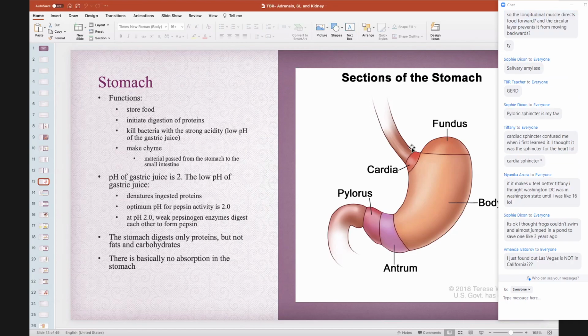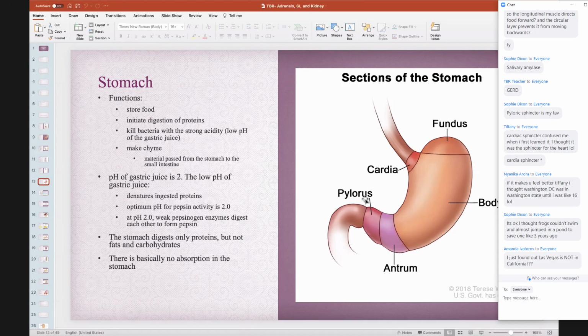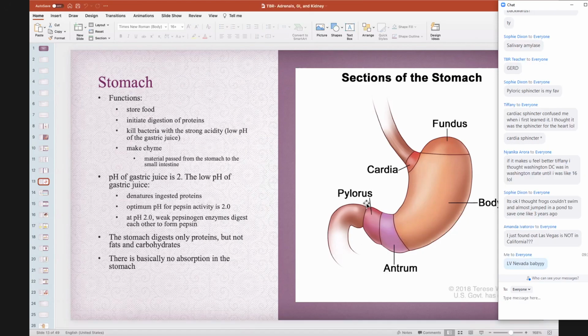You don't need to know what an antrum is. This is here for your anatomical purposes. And the very end is the pylorus. The pyloric sphincter occurs right here. So this is the pyloric sphincter, some people's favorite sphincter.